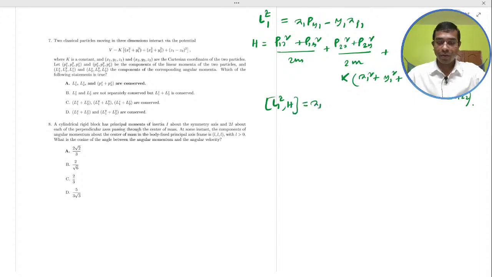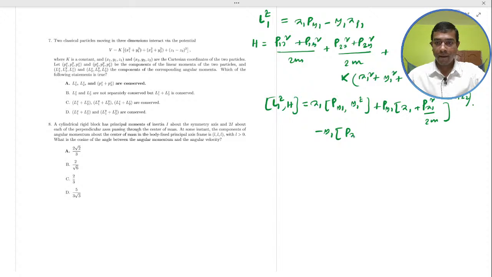This will be, put this value, x1 p y1 minus y1 p x1, with p x1 square divided by 2, p y1 square divided by 2, and the k x1 square terms.